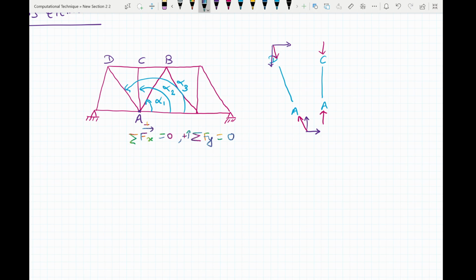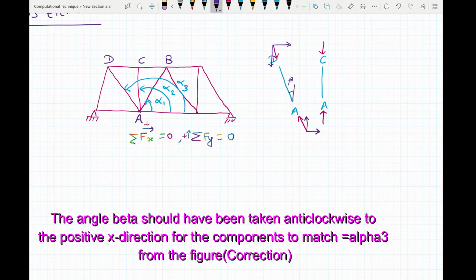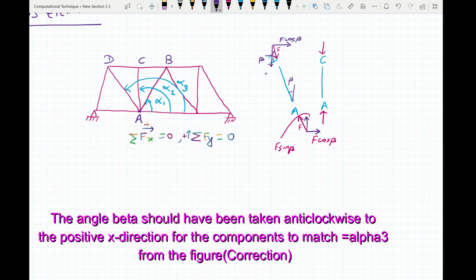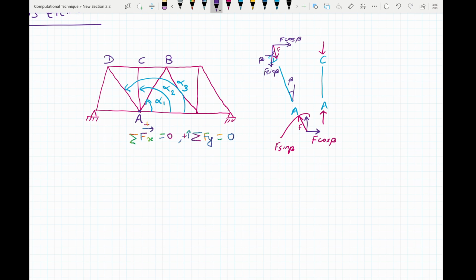Here, for AD, if this is angle, say beta, then your component here will be F cos beta, and this one will be F sine beta if this force is F. Similarly, this one will also be, if this is beta, then F cos beta, and this one as F sine beta.